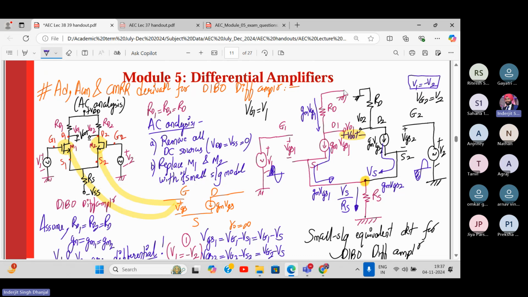But this current is not entering the ground, it's actually going in the opposite direction. So the voltage will be negative. V is equal to IR, so VO1 will be minus of Gm VGS1 into RD. Did you get it? Why minus? Because if it was entering the ground, then it would have been plus. Now it is going away from the ground, hence it is negative. Do you agree or no?